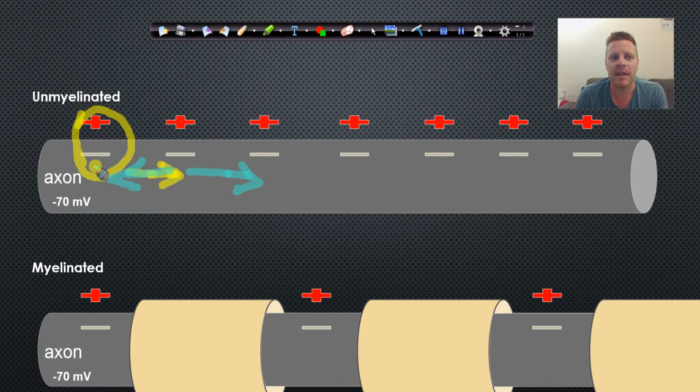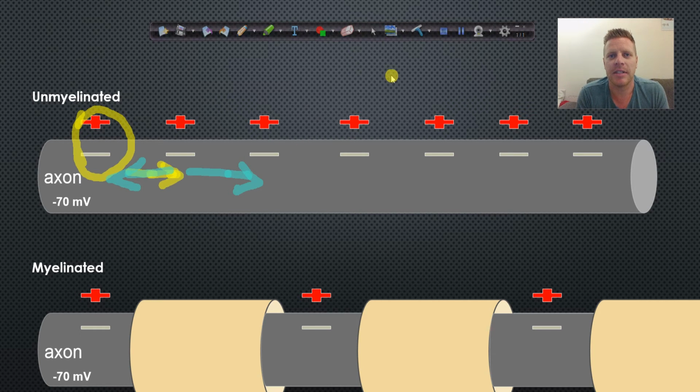However, you'll remember that after an action potential there is a prolonged refractory period. And so this region of the axon is in its refractory period, and so essentially the only way that the charge can be passed on is in one direction.